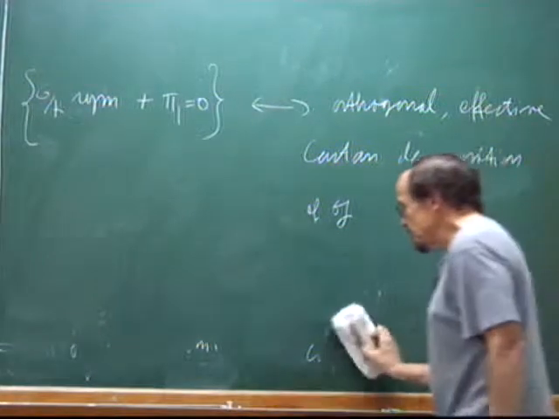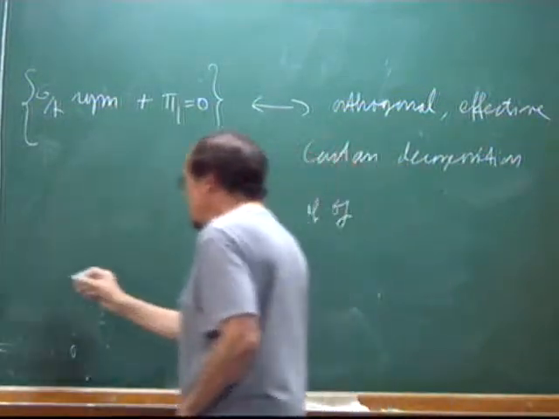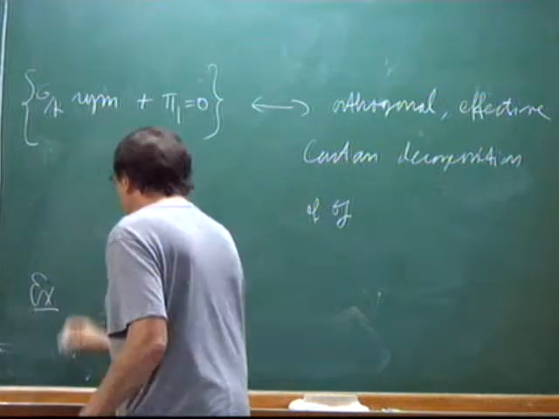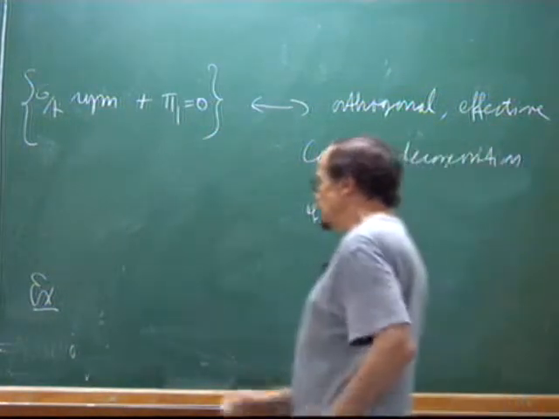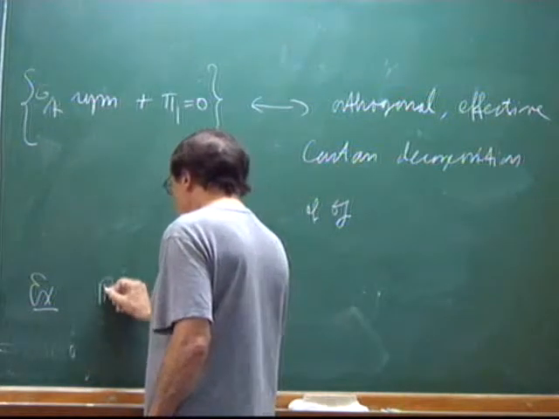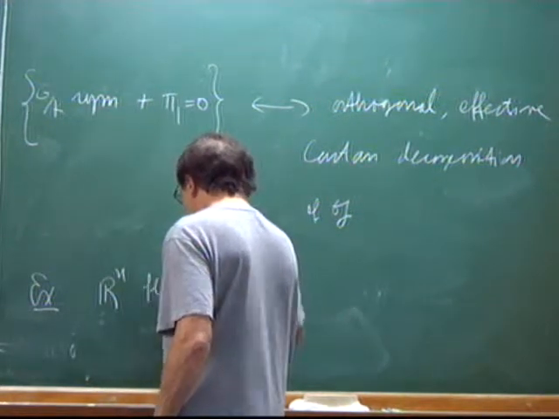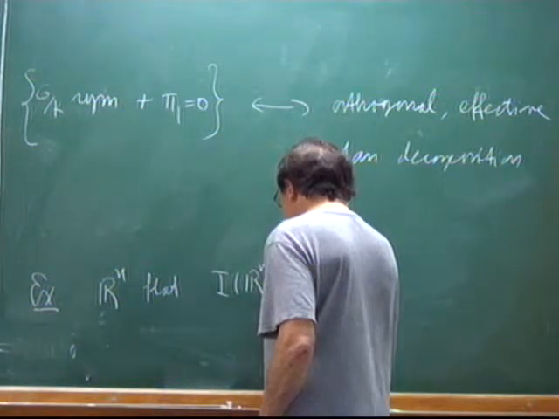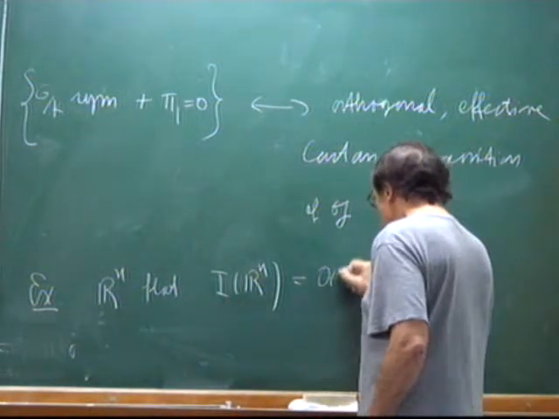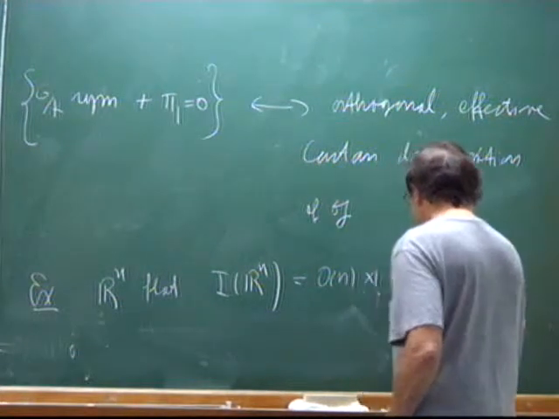But a word of caution. It's not completely a one-to-one correspondence because of the following example. Let's look at R^n with a flat metric. This example I've already discussed several times before. It's always an exception. This is a group of rotations cross translations.